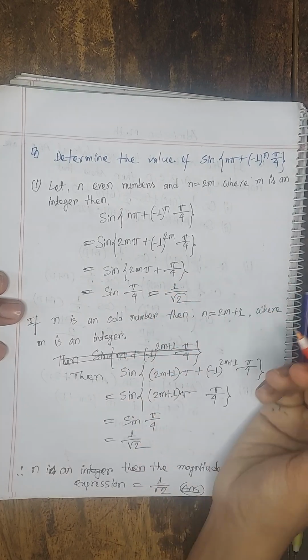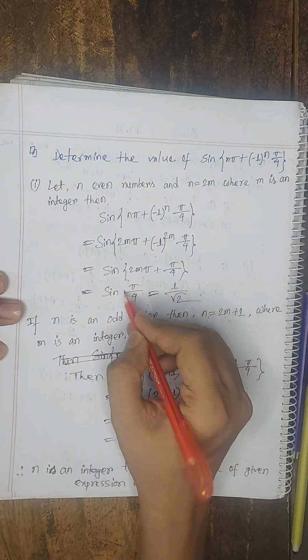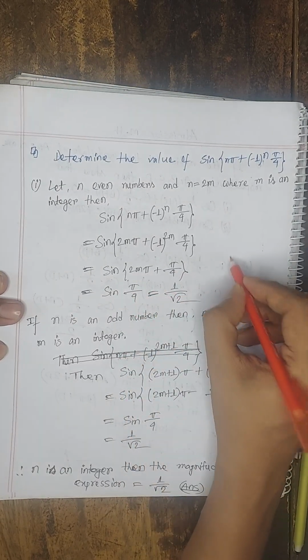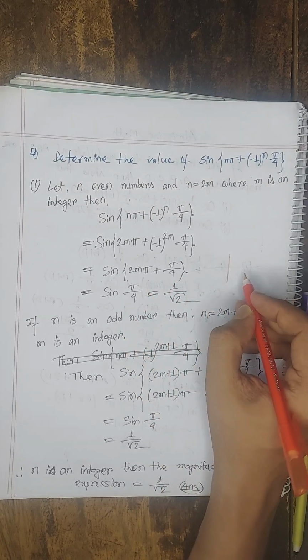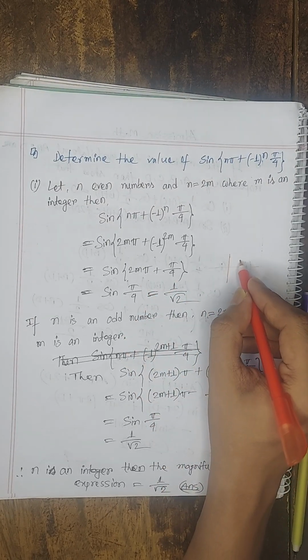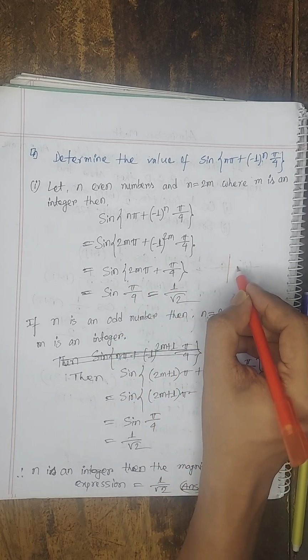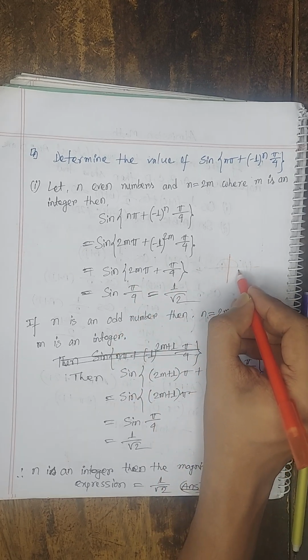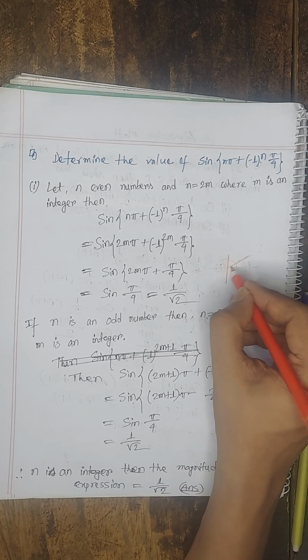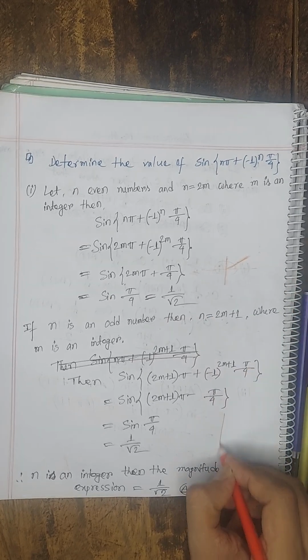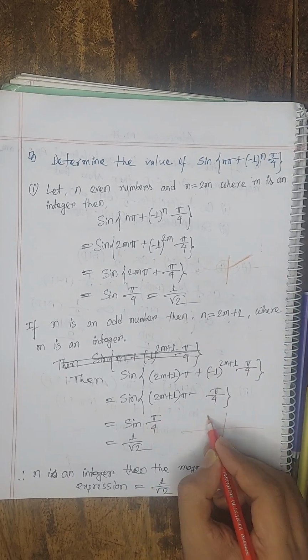Listen here, why do we take sin pi by 4? Because if we put any value of m here, we see that it comes to the first quadrant, because for twice pi plus pi by 4 it comes to the first quadrant, and similarly here it comes to the second quadrant.